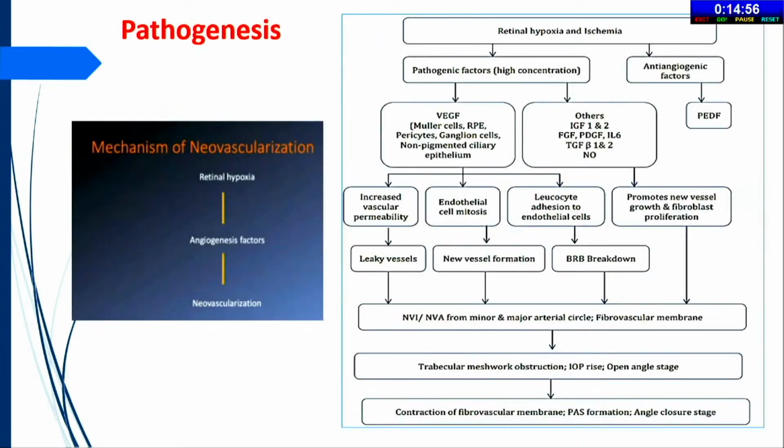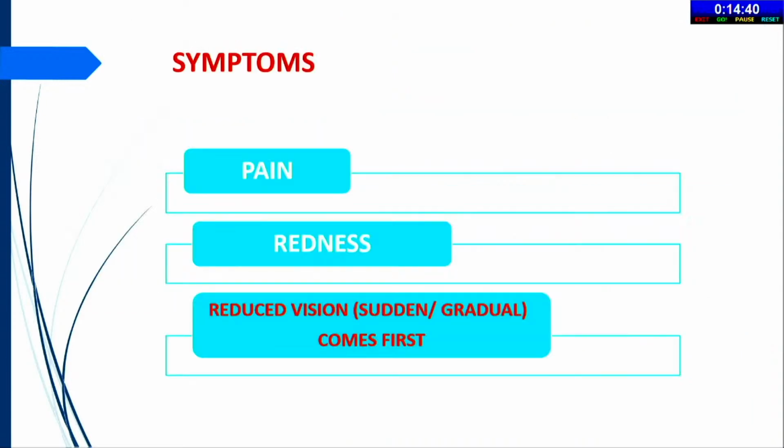And in general, if somebody asks you what is the real factor responsible for neovascularization, it is retinal hypoxia, which leads to angiogenic factor release and ultimately the development of new vessels. What is the presenting symptom? It is pain, redness, associated with diminution of vision. The diminution of vision comes first, followed by pain and redness.